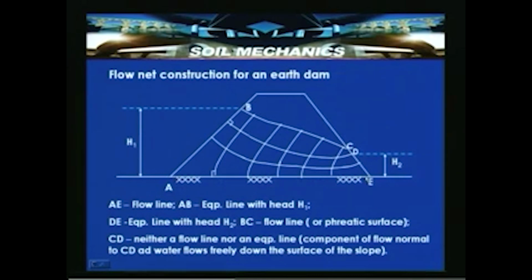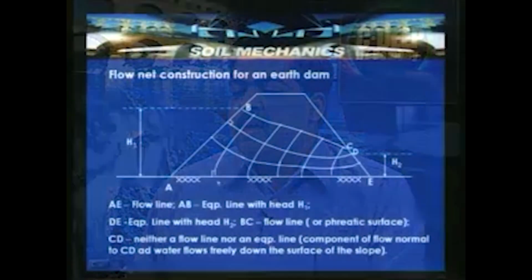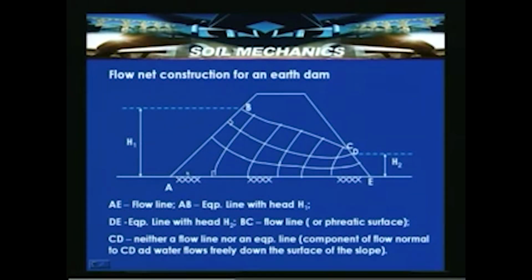AE is a flow line because, if it is treated as an impervious boundary, the flow cannot take place across AE. So AE happens to be the flow line. Here this is the first flow channel, the second flow channel, and this qualifies as the third flow channel. If you approximate, the number of flow channels works out to be around 2.8.